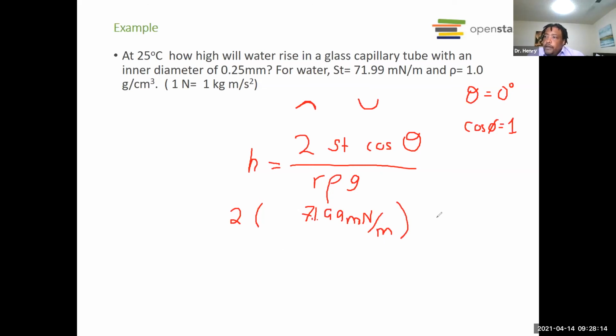We know that cosine of 0 is 1, so times 1, we'll just leave that alone. Then we have millimeters, and the density in grams per cubic centimeter.